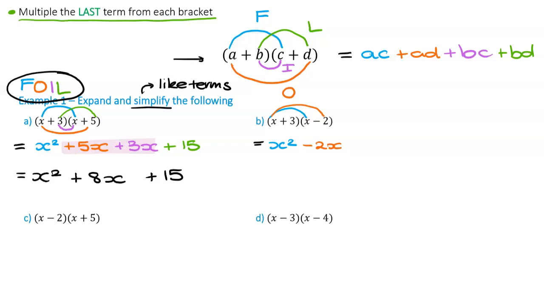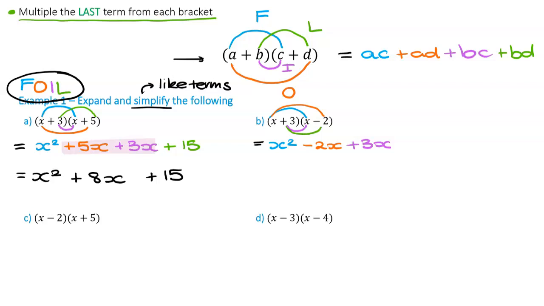Now we're going to do our inside. You'll notice I've flipped around where I drew my arrows here, but so long as you follow the order, you'll be fine. So our inside is going to be plus 3 times x, so that's going to be plus 3x. And then our last term is going to be plus 3 times negative 2.